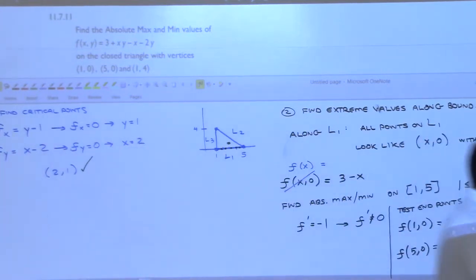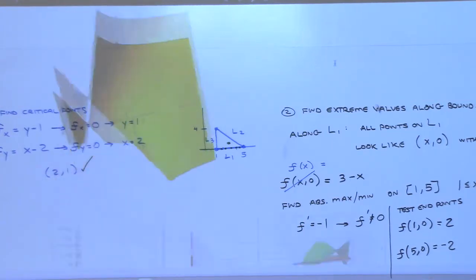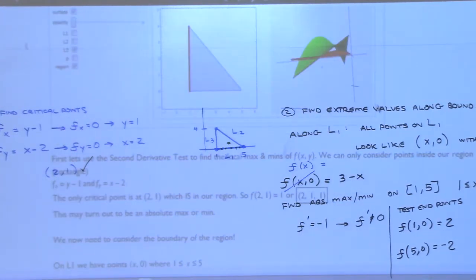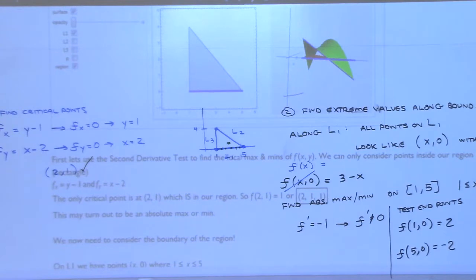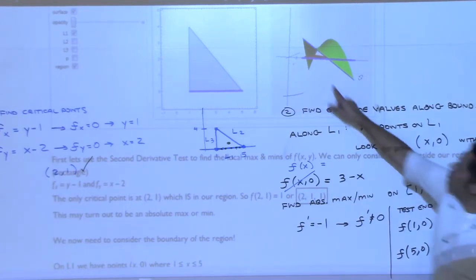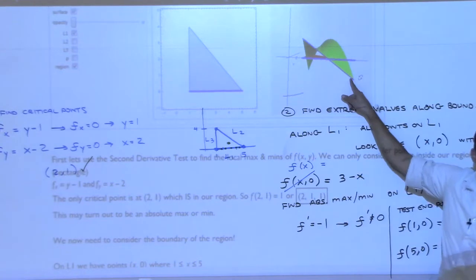If you restrict yourself to just L1, which is this one, and you plug just those values into the surface, you get that edge right there, and we are able to determine that the highest value it ever becomes is 2, and the lowest is -2. And that corresponds to that corner and that corner.